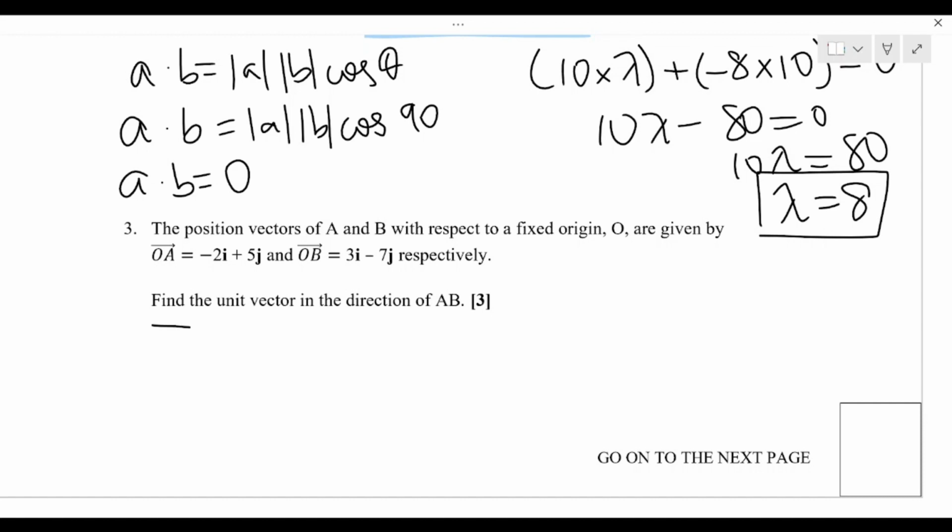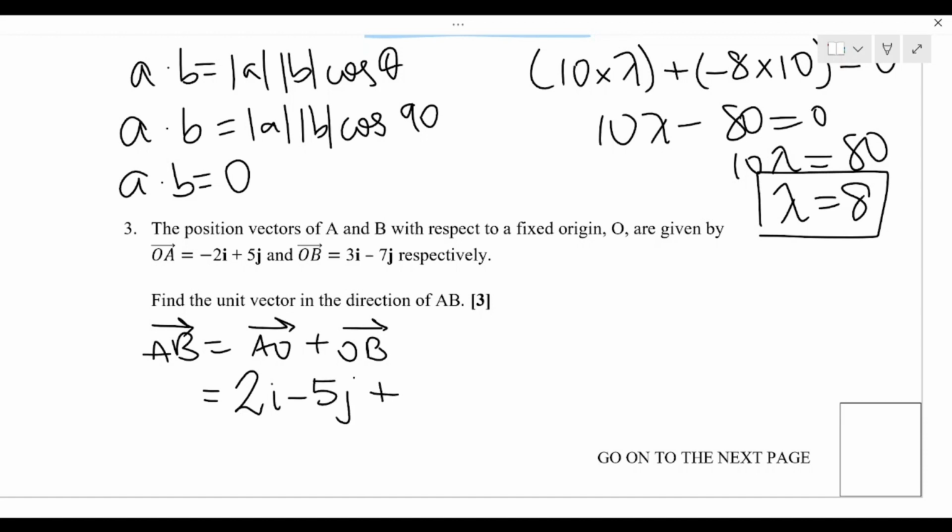Now we know that AB is equal to AO plus OB. AO is going to be negative 1 times vector OA, which would give us 2i minus 5j, plus OB, 3i minus 7j. This will give us 5i minus 12j.